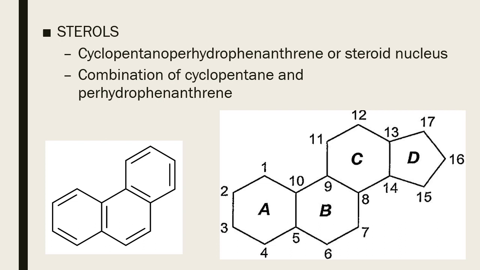unsaturated. How is it converted into your perhydrophenanthrin? When hydrogen is added and attached to each carbon atom of your phenanthrin ring, it will form your perhydrophenanthrin, and of course there is a disappearance of the double bonds in this case.